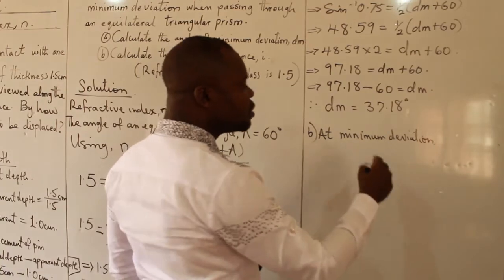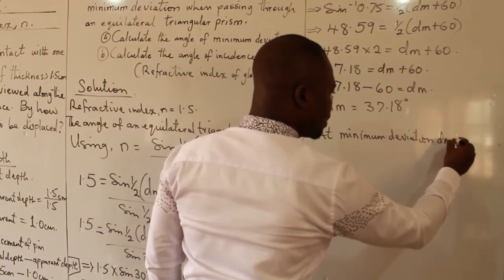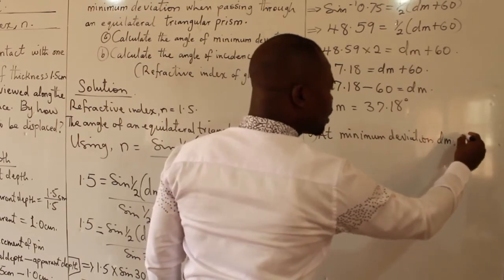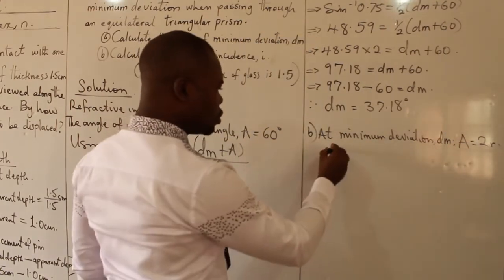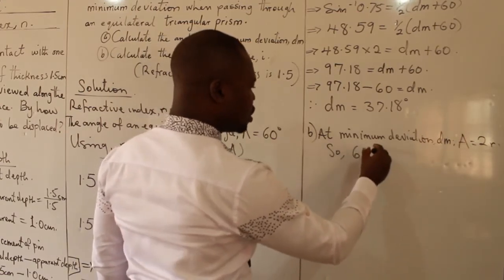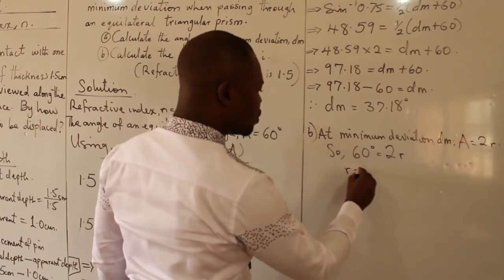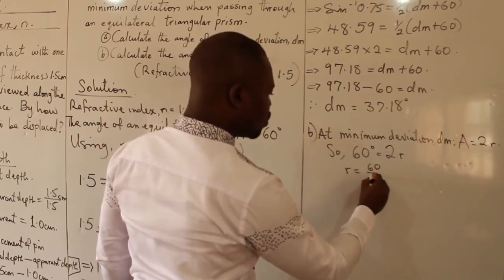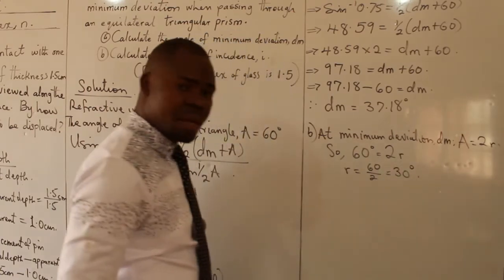So at minimum deviation, dm, A equals 2r. So 60 degrees equals 2r. So r equals 60 over 2, and that will give you 30 degrees.